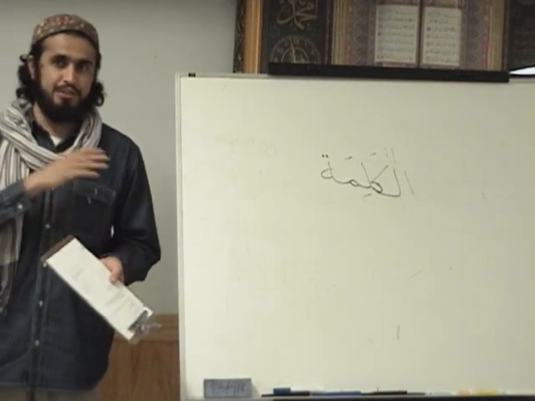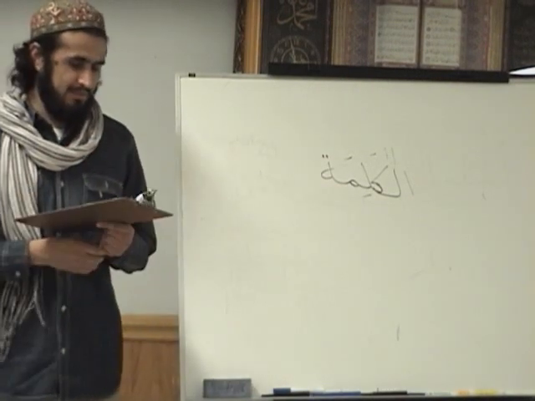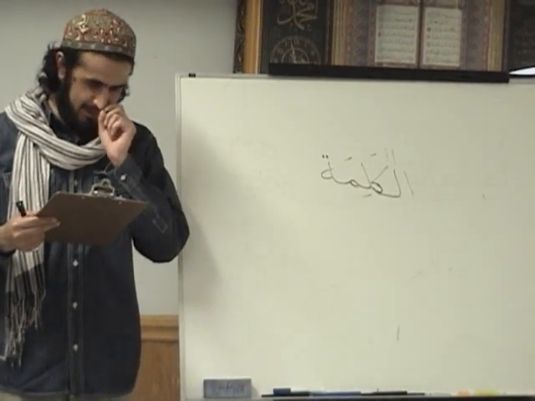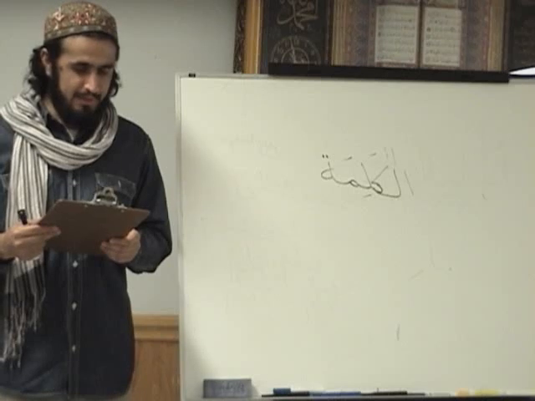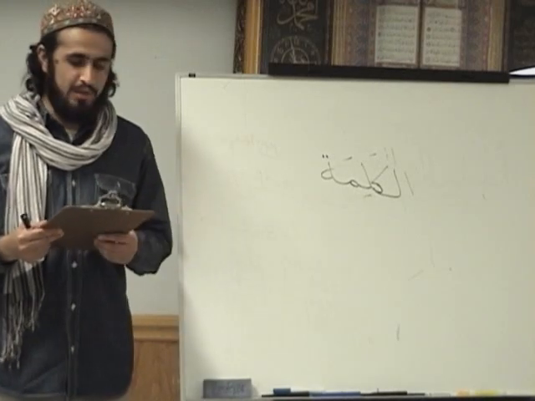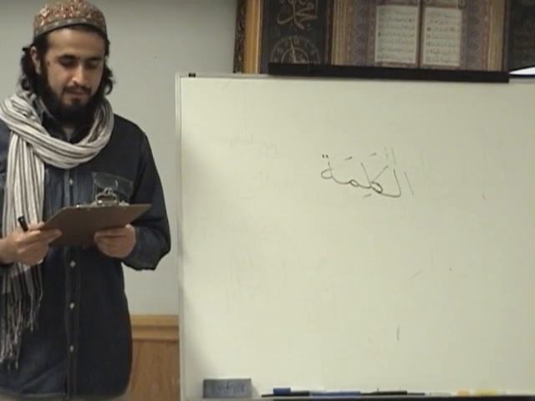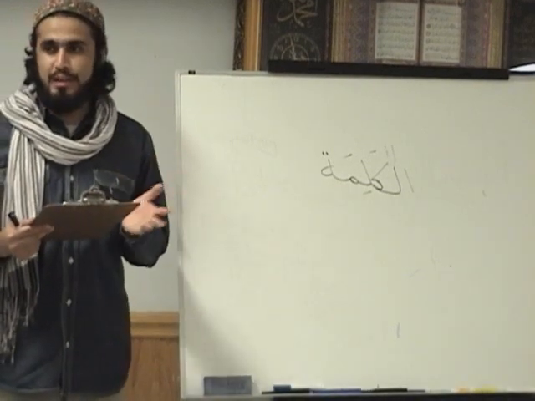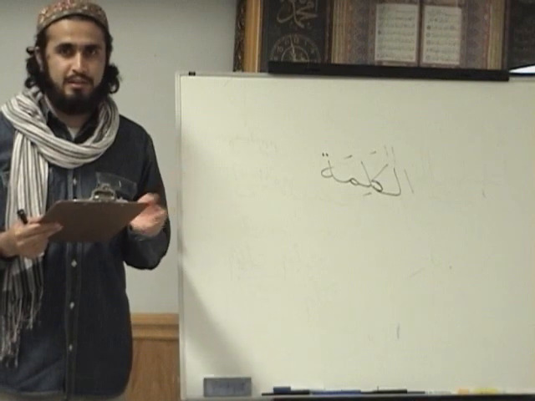We're talking in particular in terms of as-sarf. Kalima also means the kalima, the shahada that we say. But here in as-sarf it refers to word, and a word that has a meaning. And a word that has no meaning is not al-kalima.